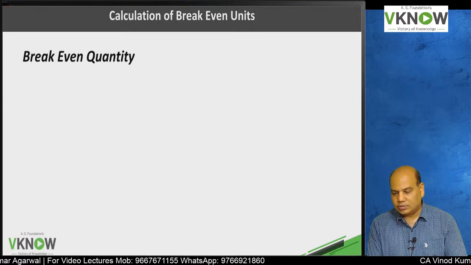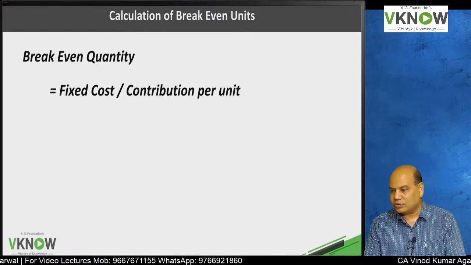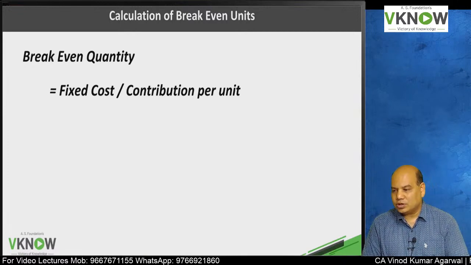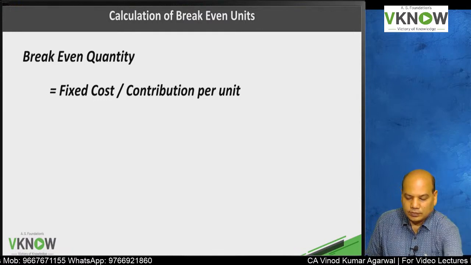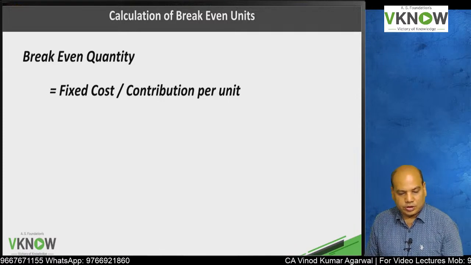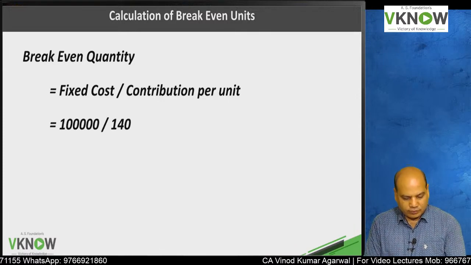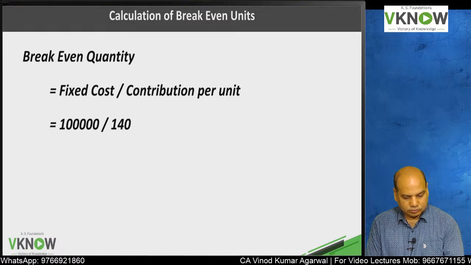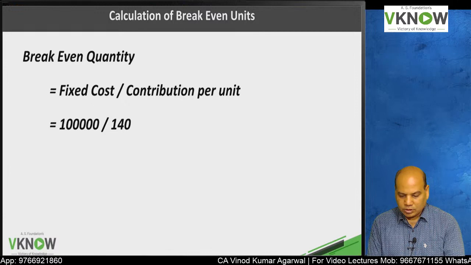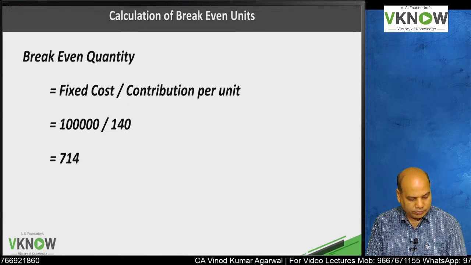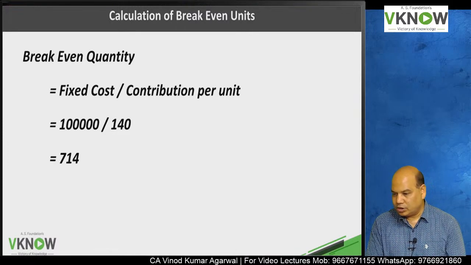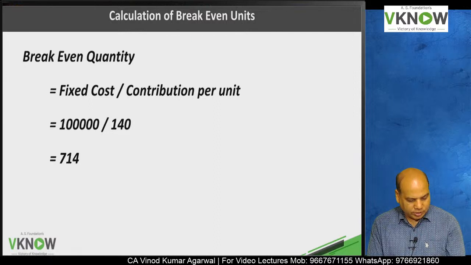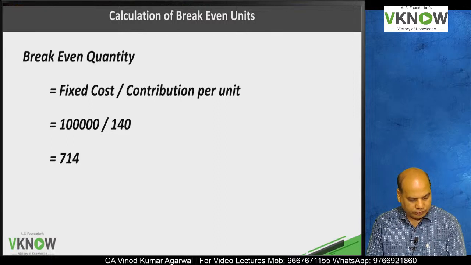Break even unit, in the marginal costing chapter you have studied, is fixed cost divided by contribution per unit. 1 lakh divided by 140 is 714 units. Very good. 714, 715 you can write. Okay.